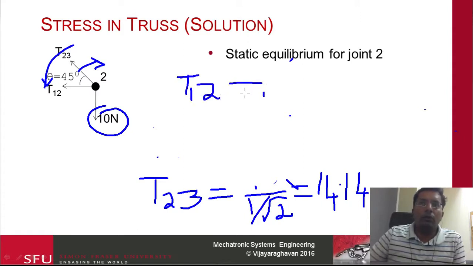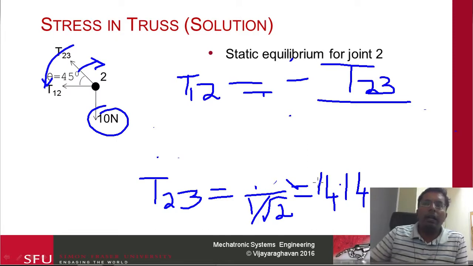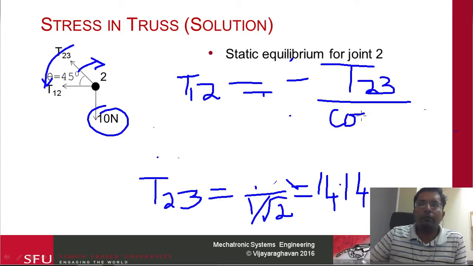T12 would be minus T23 times cos theta, so this becomes minus 10 newtons.